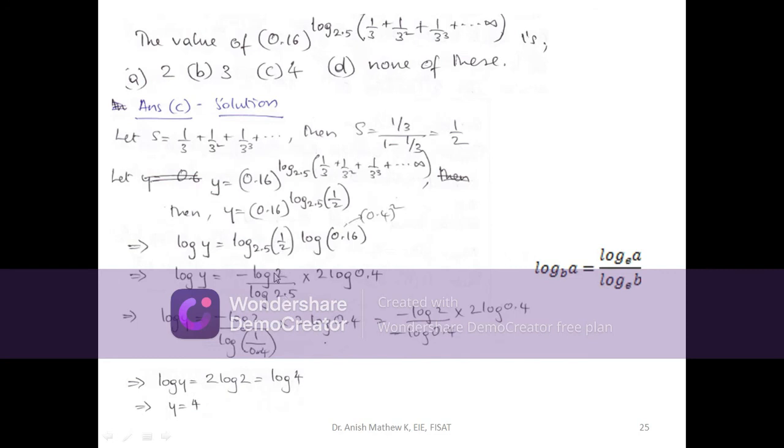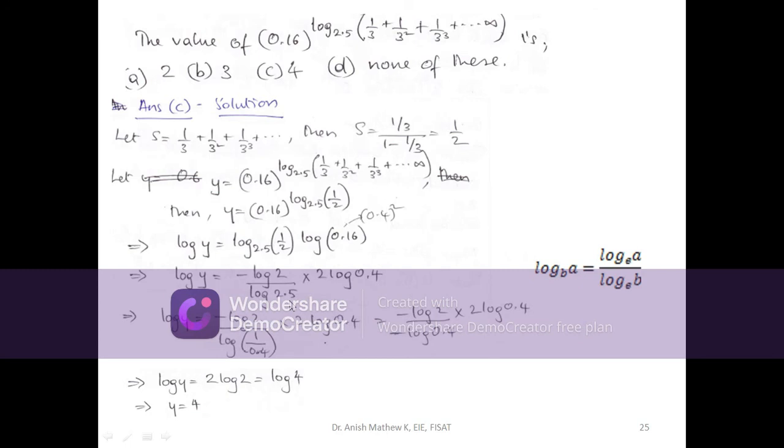Logarithm of 1/2 means 2 raised to minus 1, so it will be minus logarithm of 2 by logarithm of 2.5, times 2 times logarithm of 0.4.